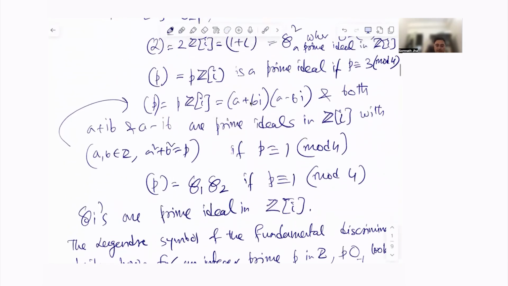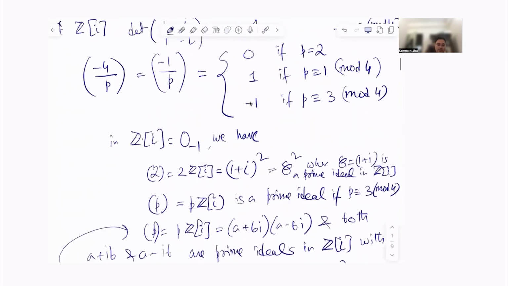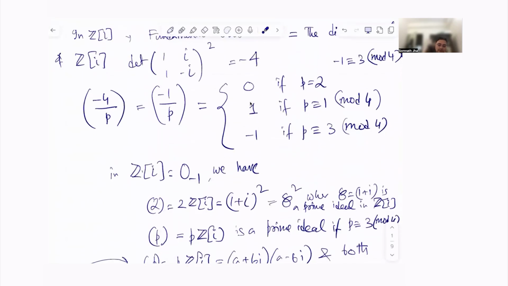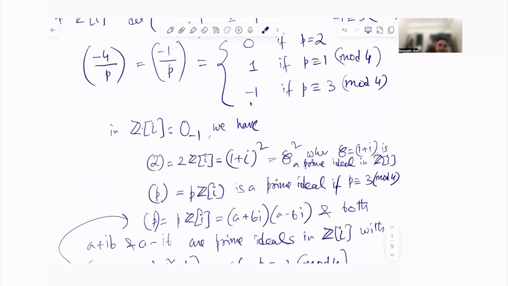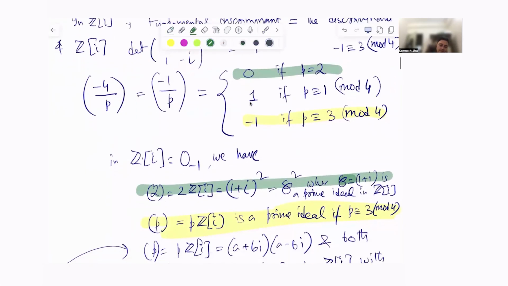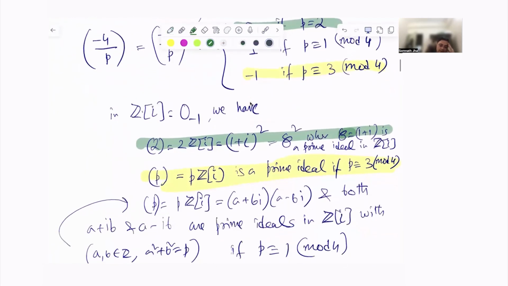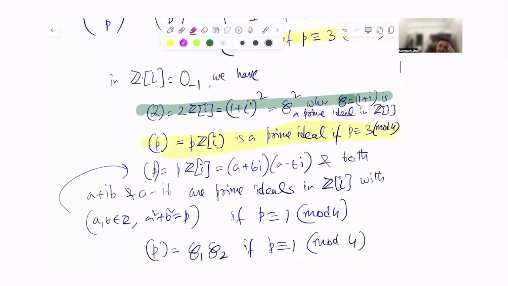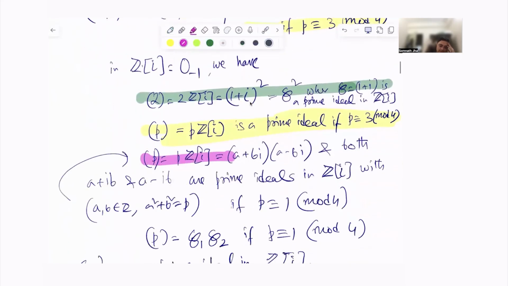It remains a prime ideal if the Legendre symbol of the discriminant is -1, right? If it is -1, then it is this case. And if the symbol is 0, then 0 corresponds to this case, where p squared is the prime ideal, and the last one is like this.